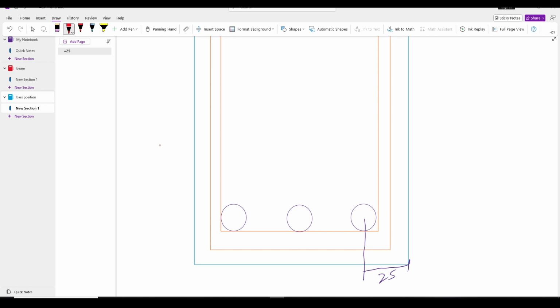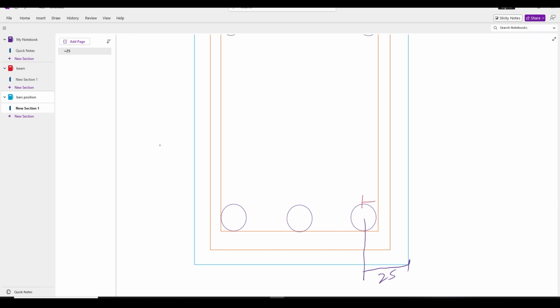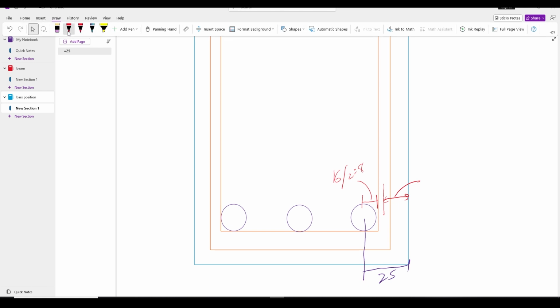This distance from here to here will be half the diameter of the 16 bar, that is 8 mm, and we need to find this distance.